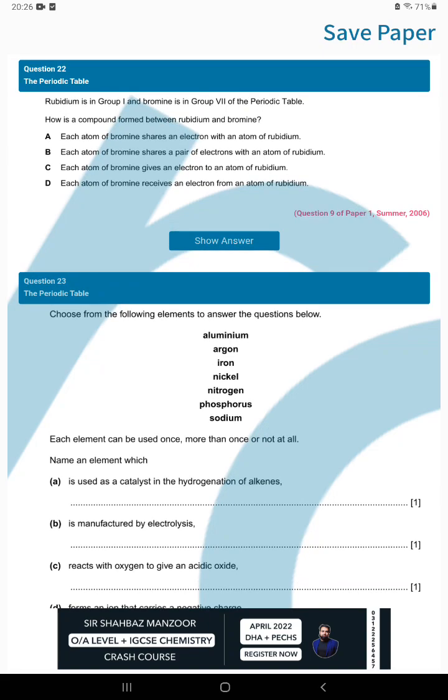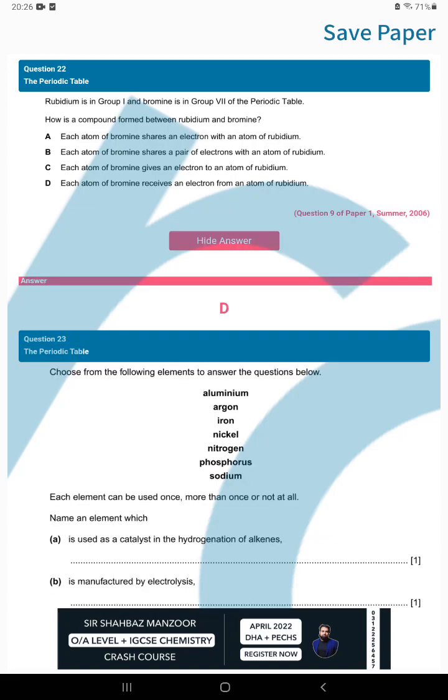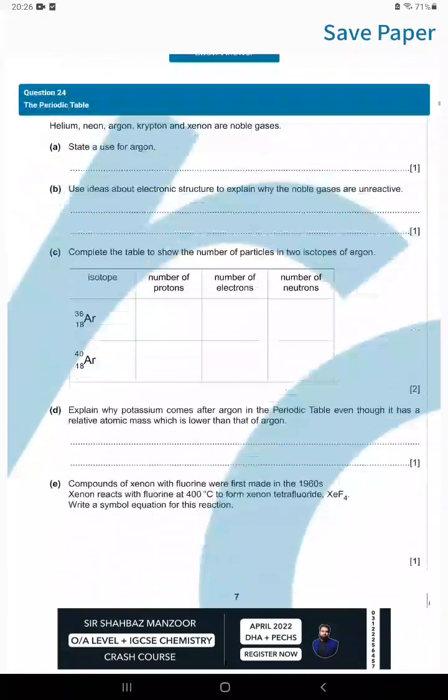For this, we need to know the proton number and the atomic number, and then we'll get to know how they would combine. The answer is each atom of bromine receives an electron from an atom of rubidium. This is again a P2 question.